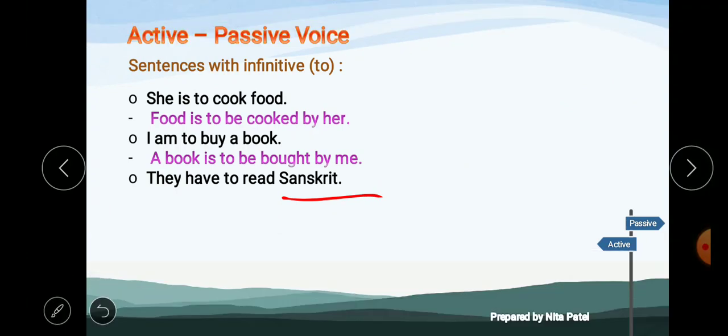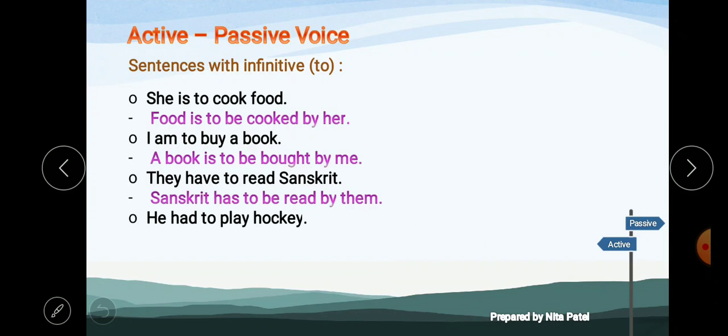Now have to is there, right? So what goes with Sanskrit, have or has? Has. So Sanskrit has to be read by them. The spelling will remain the same, read, right? He had to play hockey. Hockey had to be played by him, right?